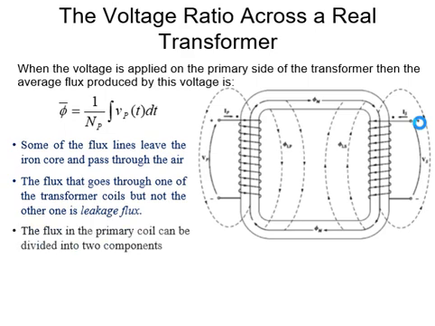The flux in the primary coil can be divided into two components. One component is phi M, which is the mutual flux, and another component is phi LP, which is the leakage flux of the primary coil.